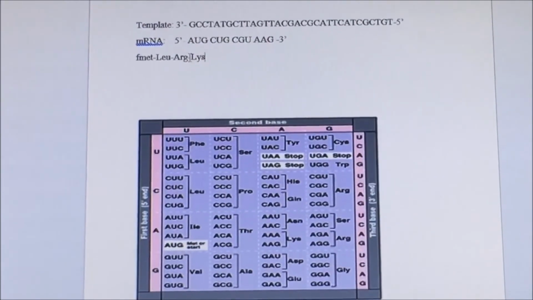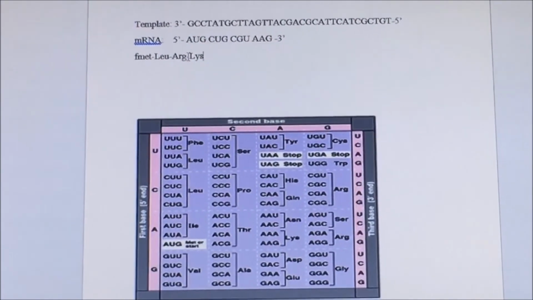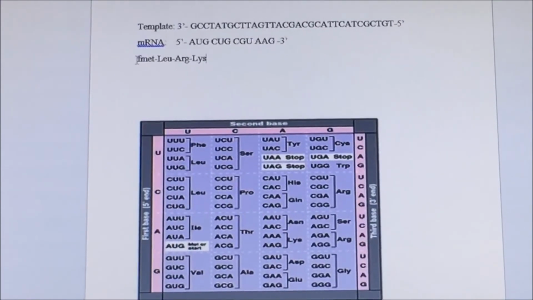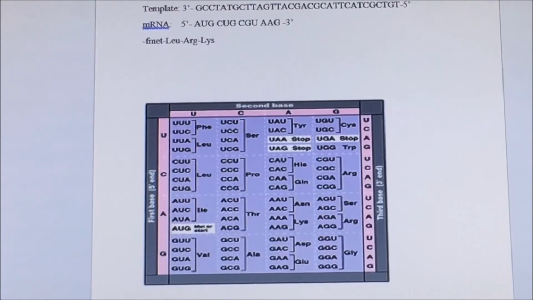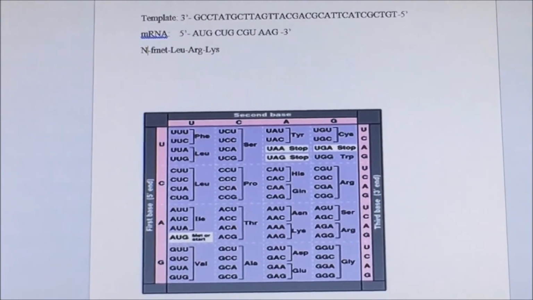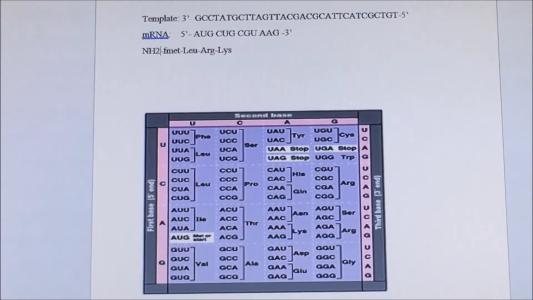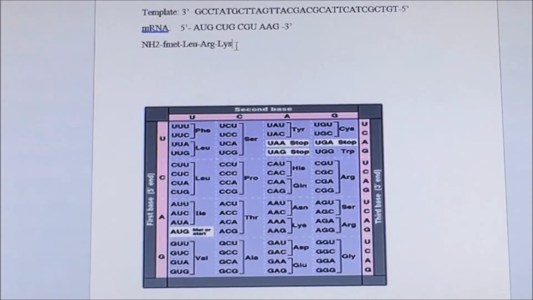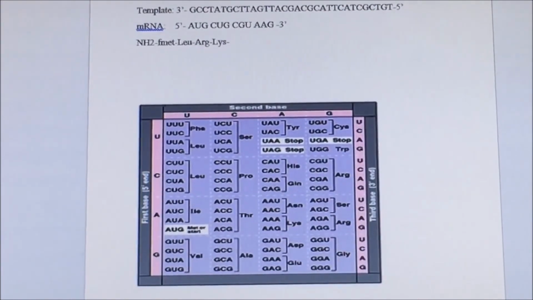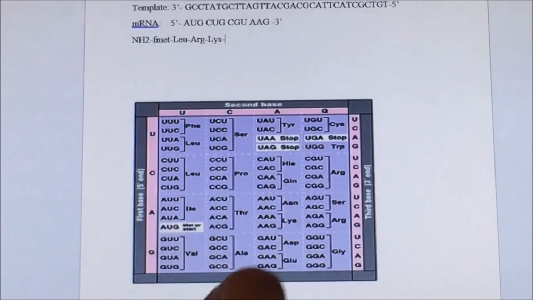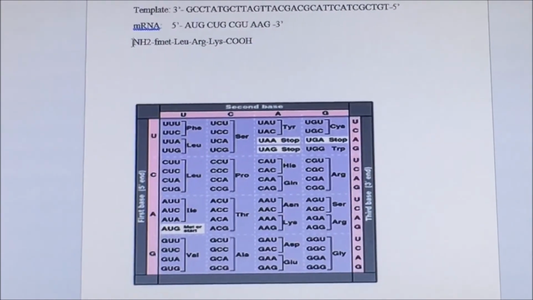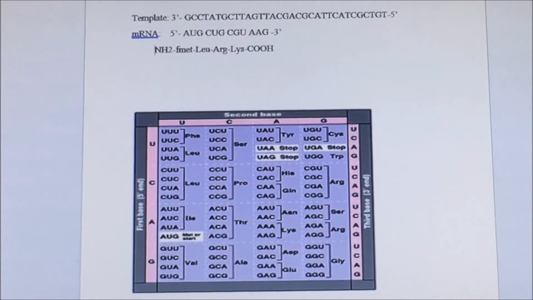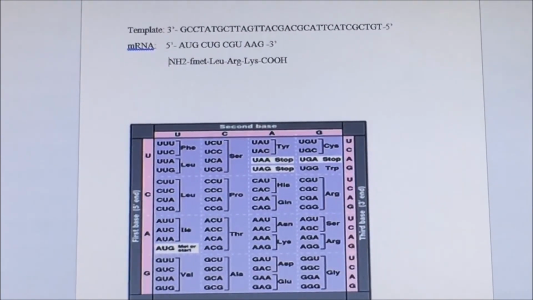So these are our amino acids, but remember, when we're building an amino acid sequence, we have to label our ends. So the side of the fMet is our NH2 end, and the side of our final protein added to the sequence is our carboxylate end. This is our final protein sequence.